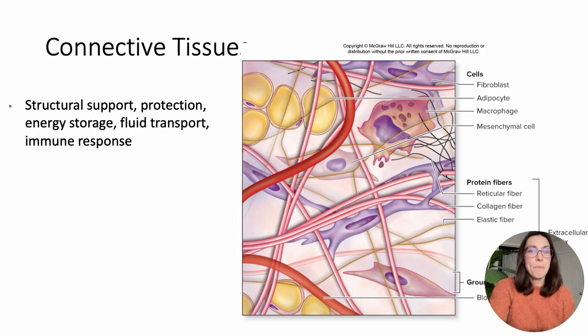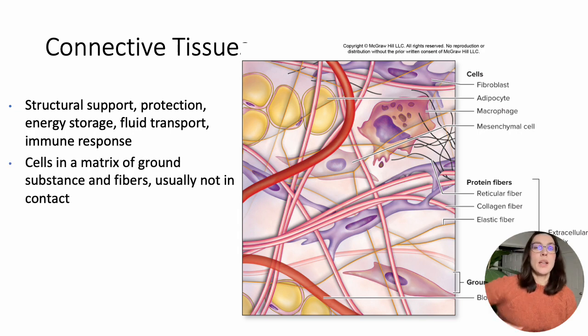One common thing is that the cells of connective tissue are found in a matrix that has ground substance and fiber in it. Most connective tissues have this feature where their cells are not touching.